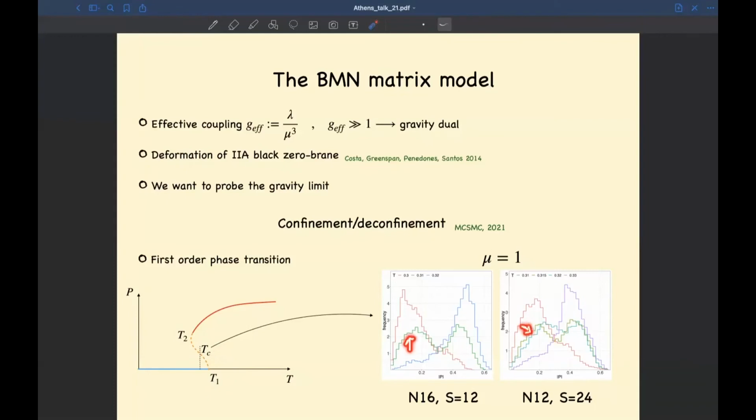And again, there's another green line here indicating a two-state signal, which basically means that the simulation is spending equally much time in the confined and deconfined phases. So here is the Polyakov loop, and the simulation spends equal time at the Polyakov loop around 0 and around 1/2. So this means that we are in the confined and deconfined phase. We can observe them simultaneously.